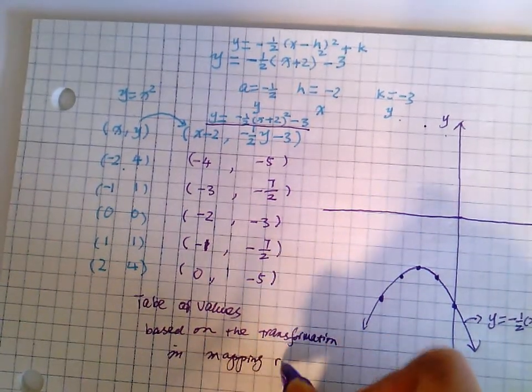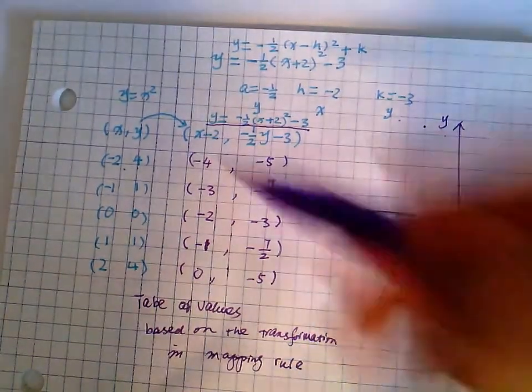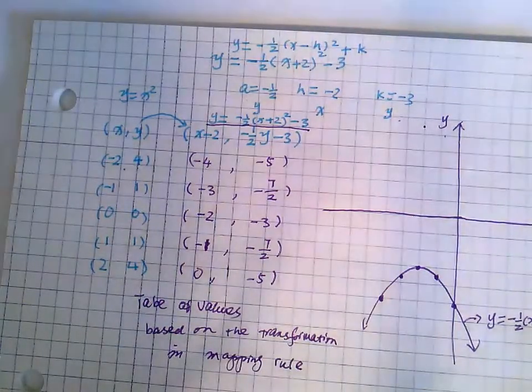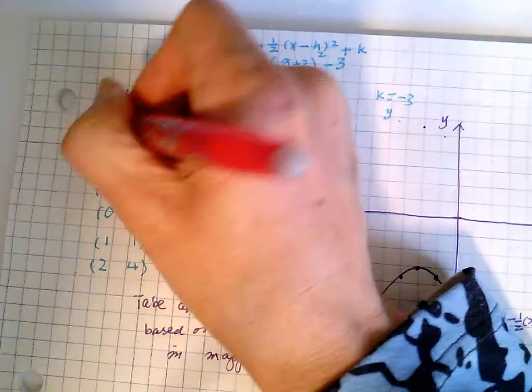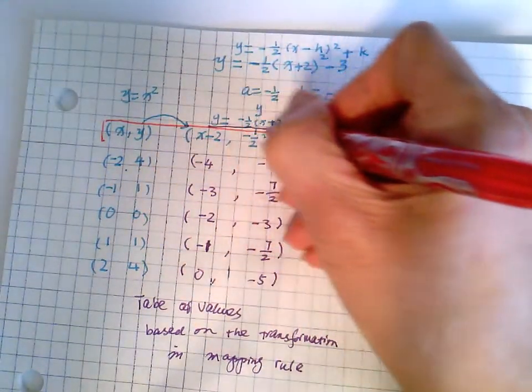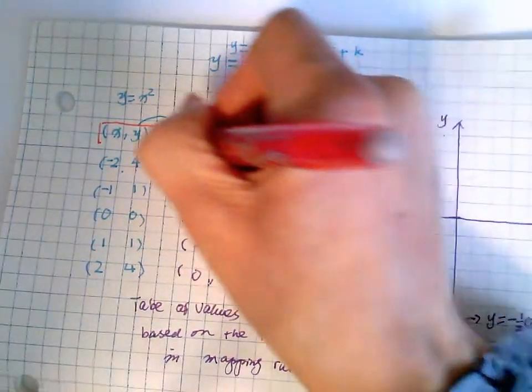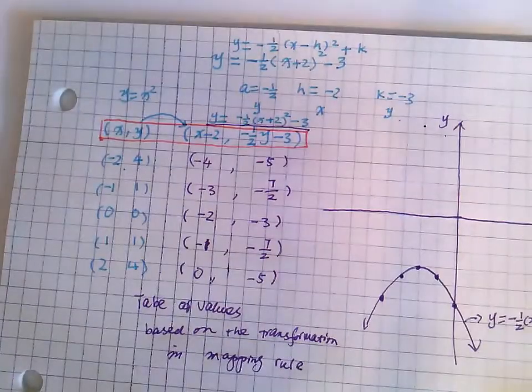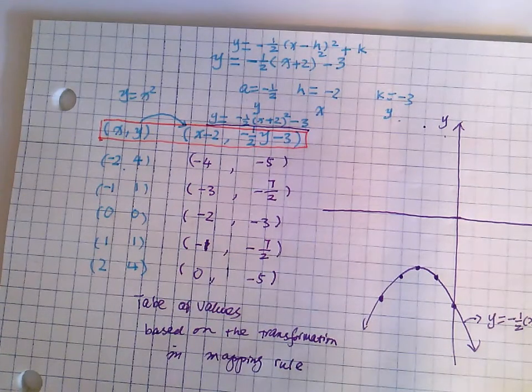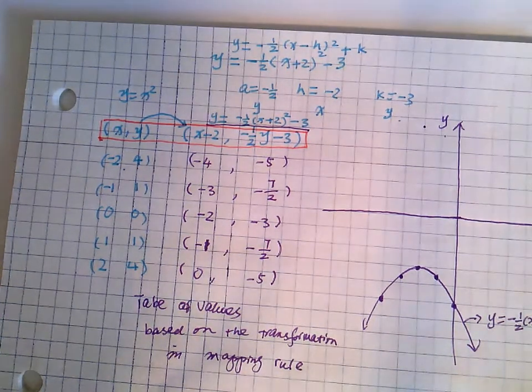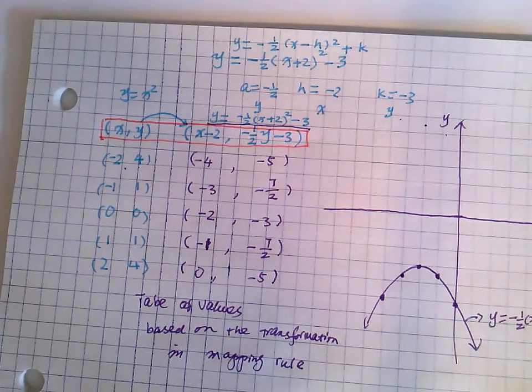The mapping rule is this one. Any point on y equals x squared is going to be transformed to a new location by that calculation formula. Okay, thank you for your attention.